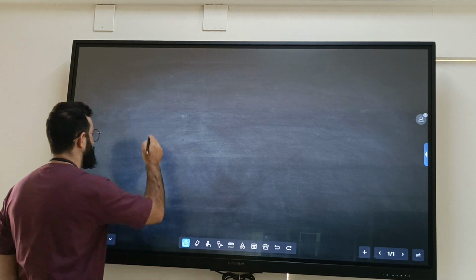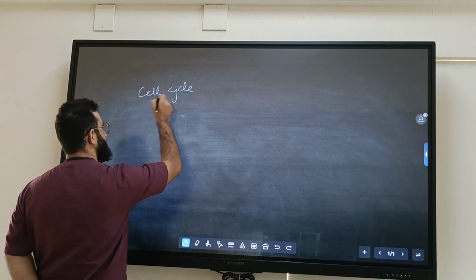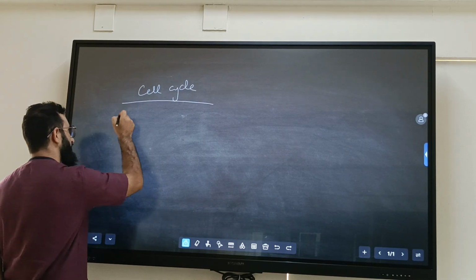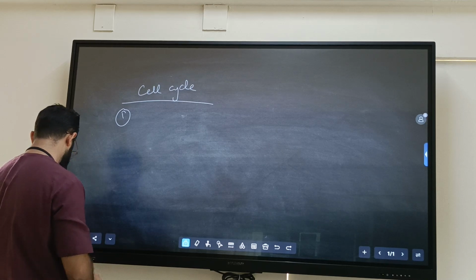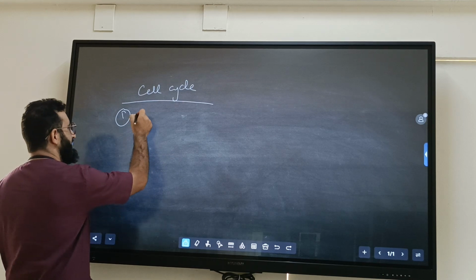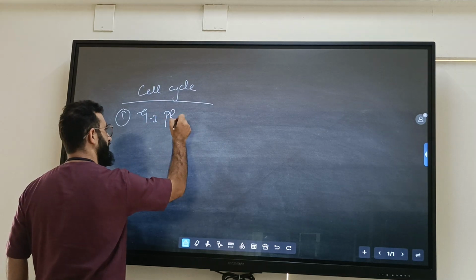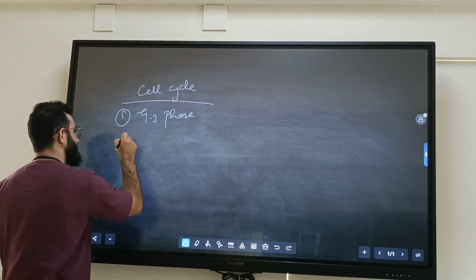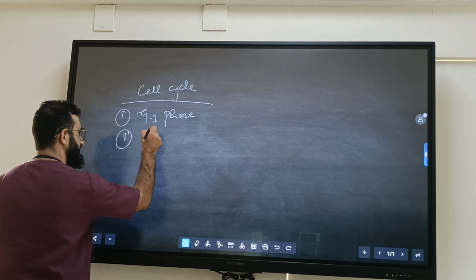So now we will go to the cell cycle. The cell cycle consists of different phases. The first one is the G1 phase. Second is the S phase.